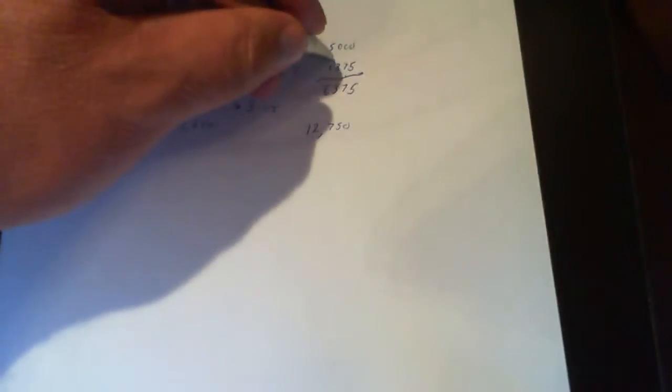But we do have a retroactive application, and so we multiply this, but we add the 2 times that, so that will be 12,750, because remember, these were only outstanding for part of the year.